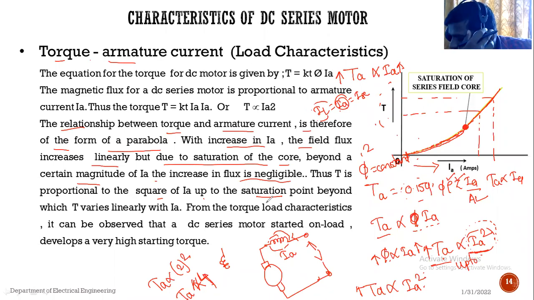If the armature current increases up to the saturation point, the flux is directly proportional to IA, so the torque is proportional to the square of current. So it takes a parabolic path, and after the saturation point, the torque varies linearly with the armature current. So this is the torque versus armature current characteristics.